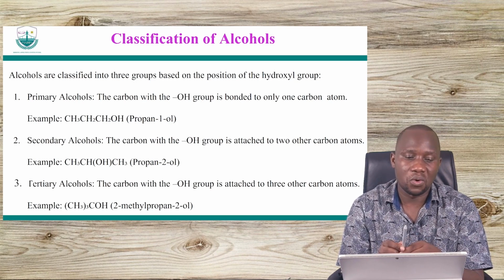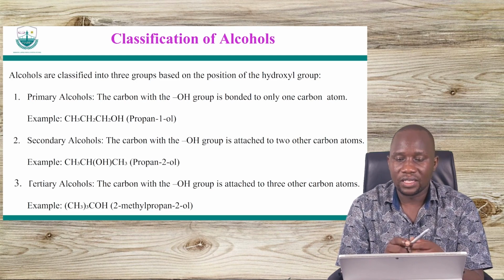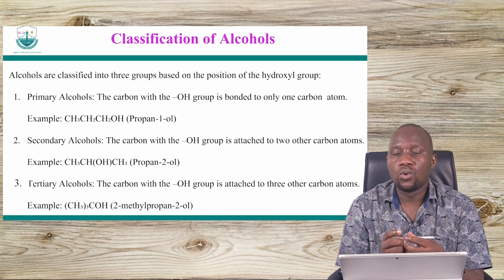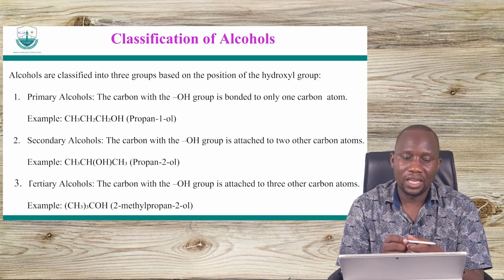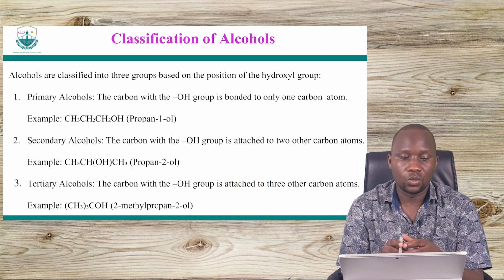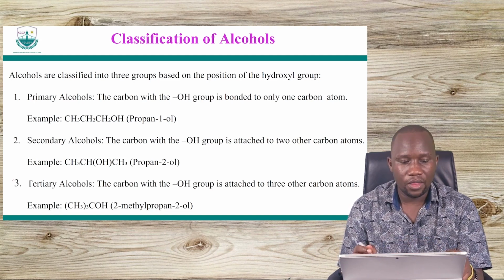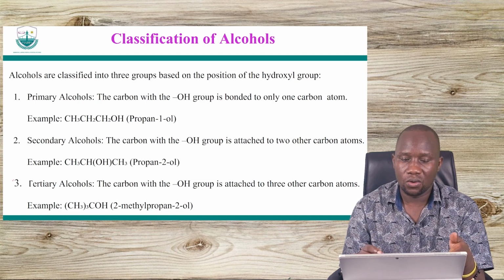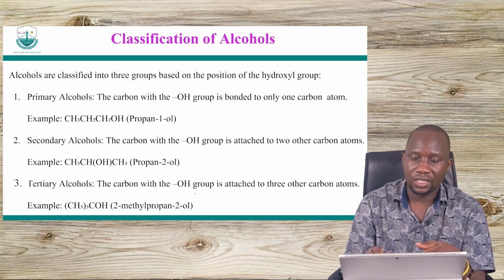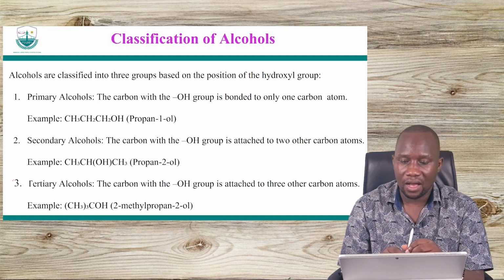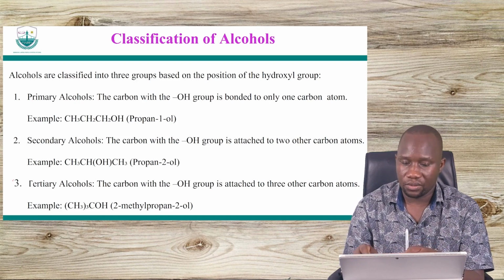If the carbon bearing the OH group is attached to 2 other carbon atoms, then that is what we call a secondary alcohol. With a tertiary alcohol, the OH group is attached to a carbon that is attached to 3 other carbon atoms.